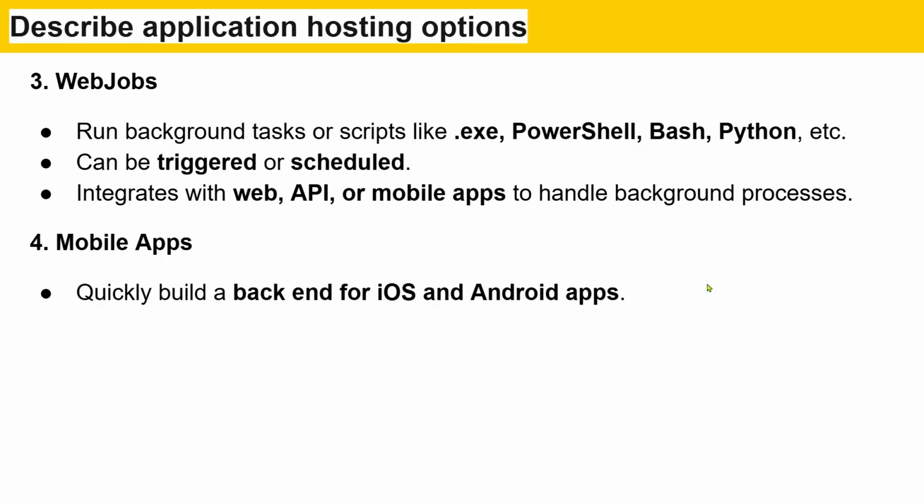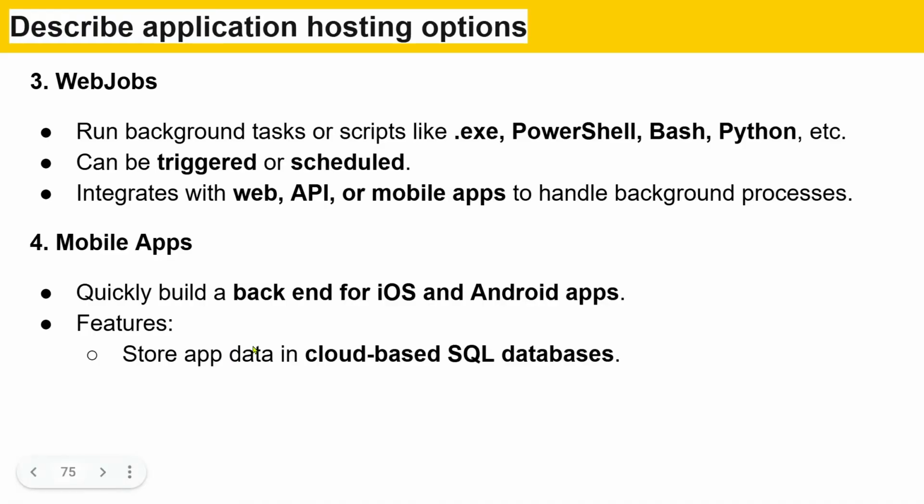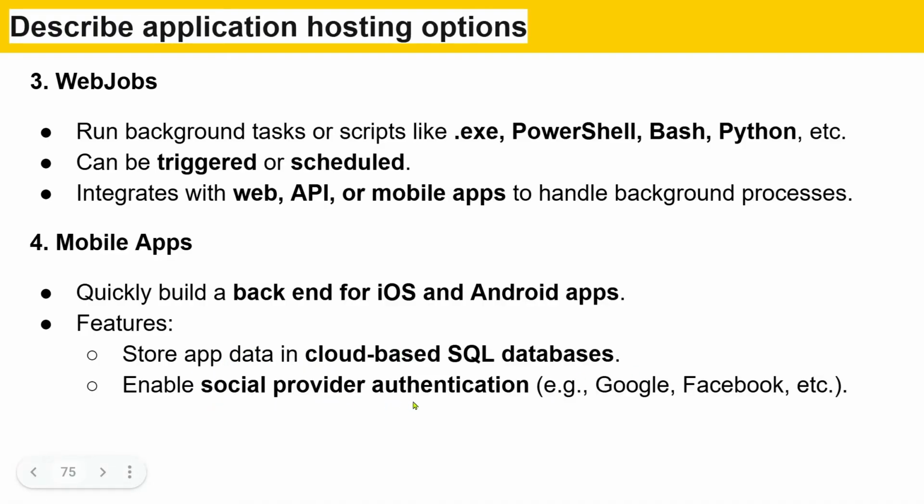If you have to build not just a website but also an application, nowadays things are going to mobiles, right? So quickly build a backend for iOS and Android apps, and store app data in cloud-based SQL databases. You can also enable social provider authentication like Google authentication. When we sign up to an application, you don't have to go through the old school way of entering all your details. You can just sign up with your Google account.